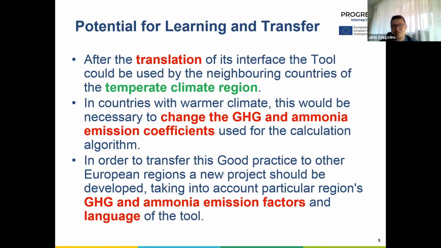And after this translation of its interface, the tool could be used by the neighboring countries of the temperate climate region. In countries with a warmer climate, it would be necessary to change the greenhouse gas and ammonia emission coefficients used for the calculation algorithm. And in order to transfer this good practice to other European regions, a new project should be developed taking into account the particular region's greenhouse gas and ammonia emission factors and also the language of the tool.